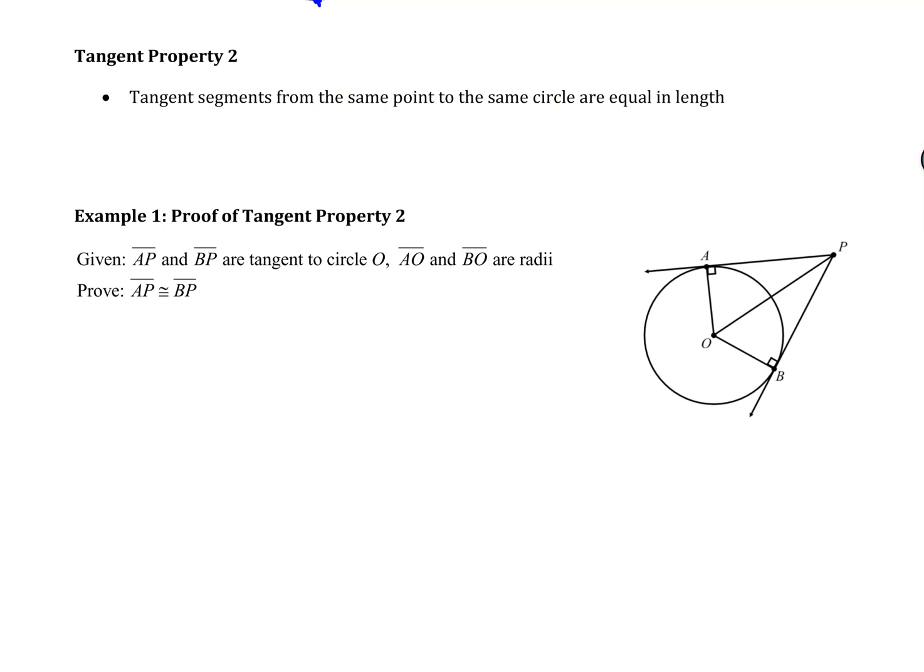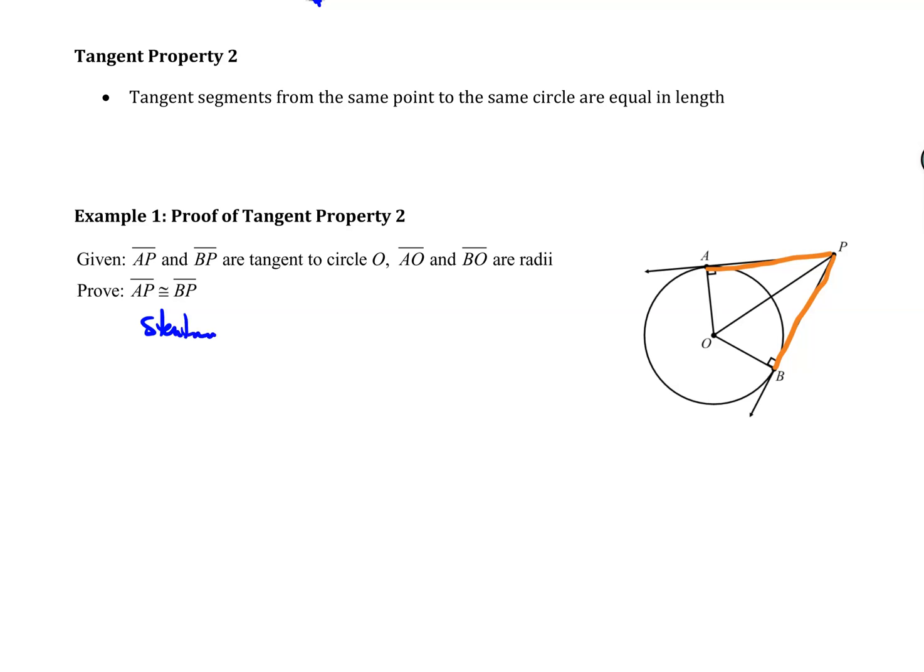What the property tells me is that segment AP and BP are in fact congruent to each other. Let's step back and go to our proof thought process and show that this is going to work.